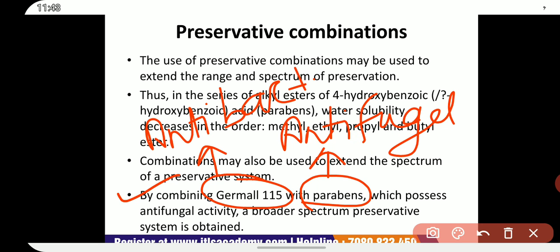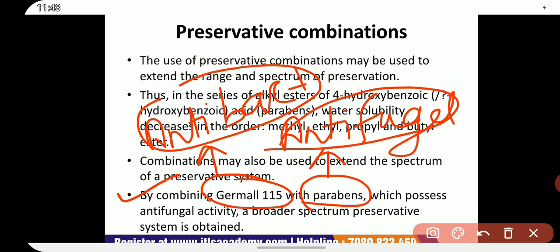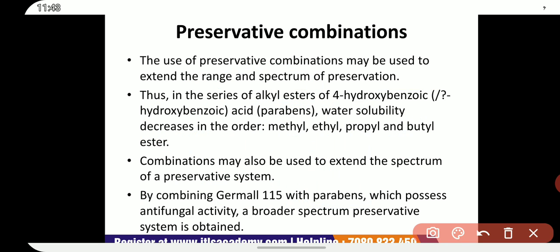So now, with the combination of these two drugs, a broader spectrum preservative system is obtained, because this is antibacterial and this is antifungal. After combination of these two drugs, there will be a broader range of action of the newly formed preparation. So we can say that this combination will have a broader spectrum preservative system.